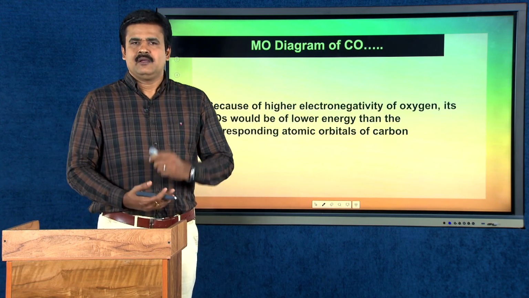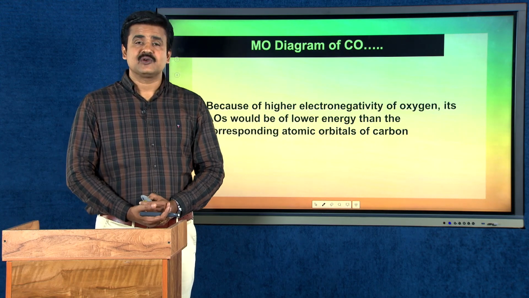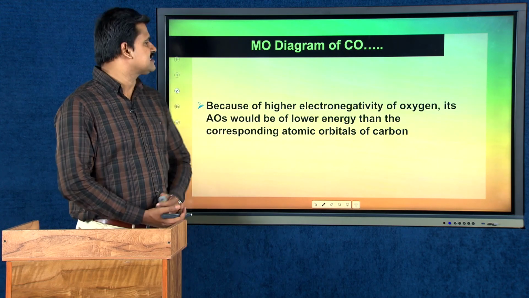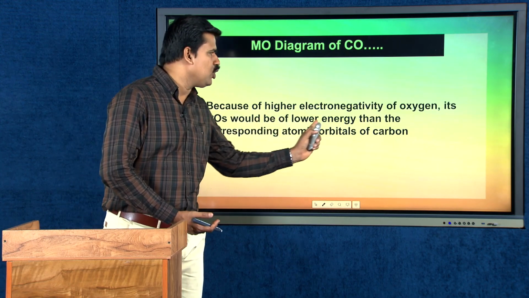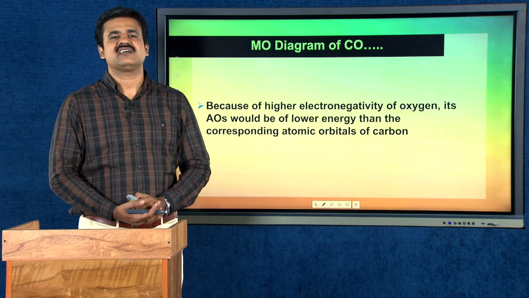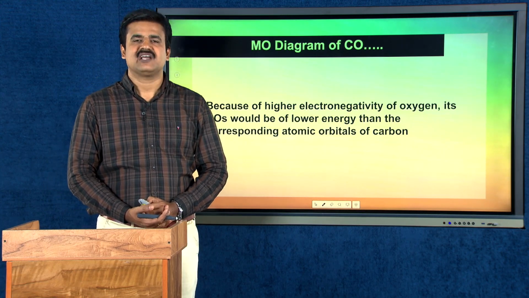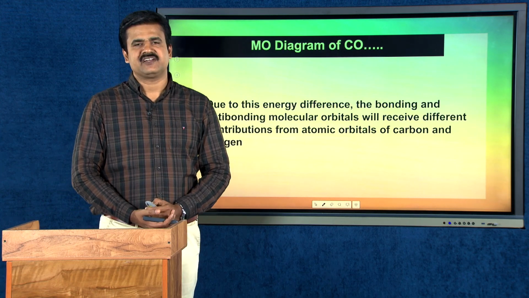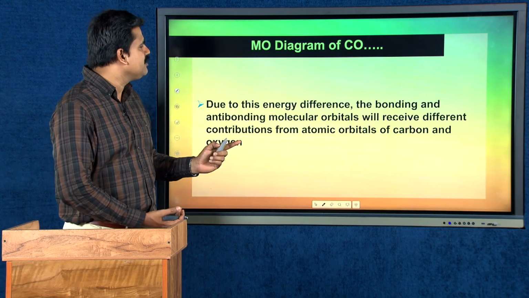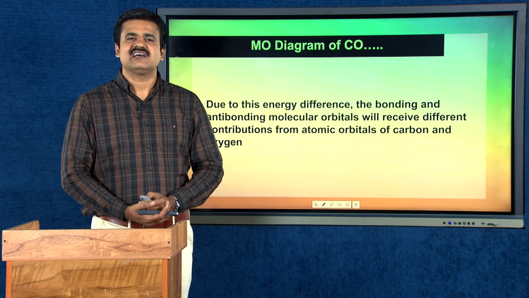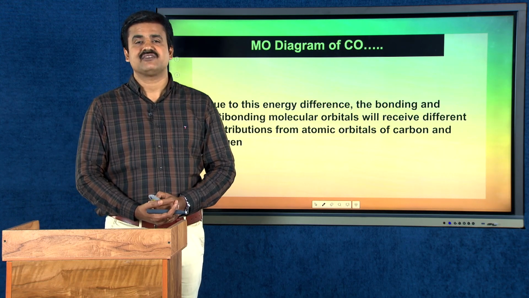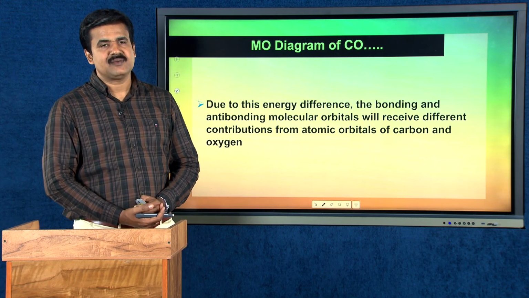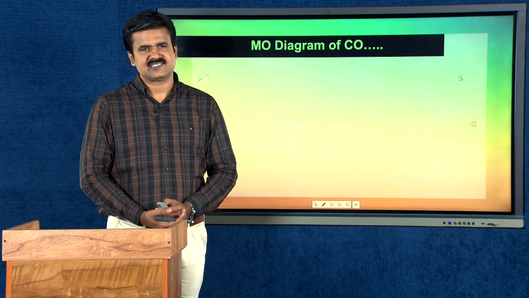Now, because of the higher electronegativity of oxygen, its atomic orbitals would be lower in energy than the corresponding atomic orbitals of the carbon atom. Due to this energy difference, the bonding and antibonding molecular orbitals will receive different contributions from the atomic orbitals of carbon and the atomic orbitals of oxygen.